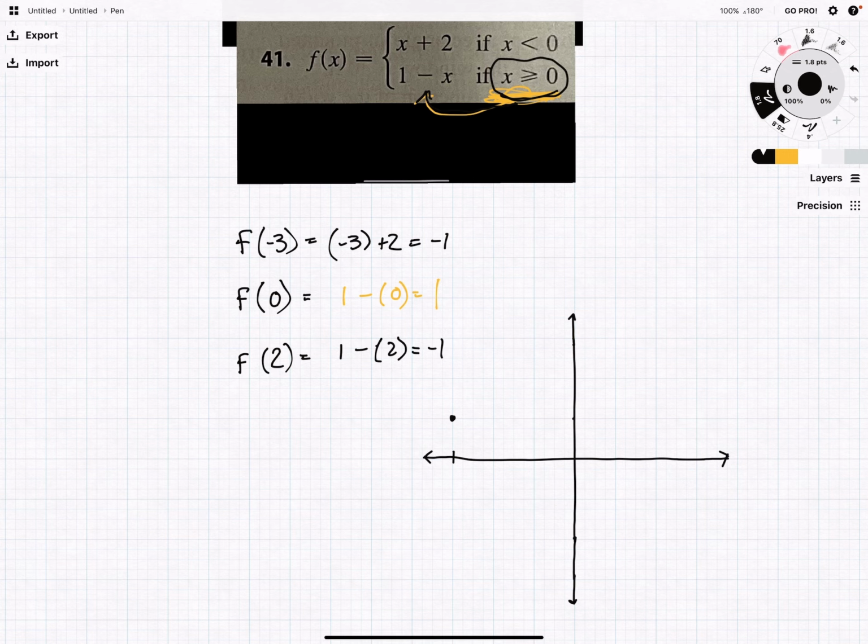Oh, sorry, I messed up the dot a little bit there. -3 gives us -1. I put it in the positive by accident. Anyways, when we have an input of 0, that gives us 1. And when we have an input of 2, that gives us -1.